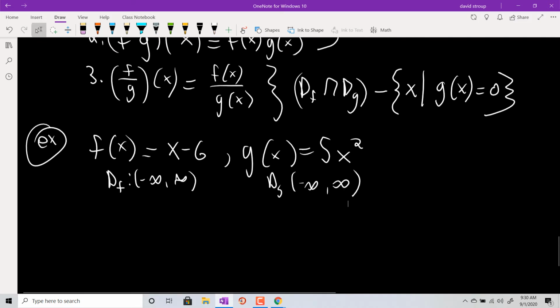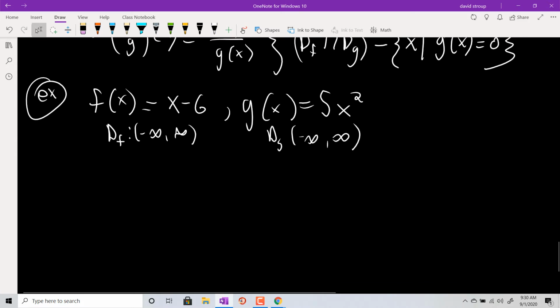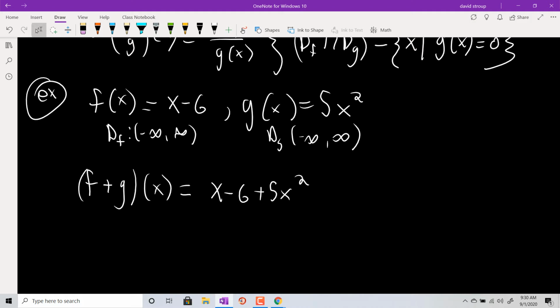And let's maybe look at a couple of them, so let's look at adding them, right? So if I add f of x plus g of x, I get this f plus g of x thing. That will be x minus 6 plus 5x squared. Okay? And the domain is the intersection of the domains of f of x and g of x, which is everything, right? So the domain of f of x is all real numbers.